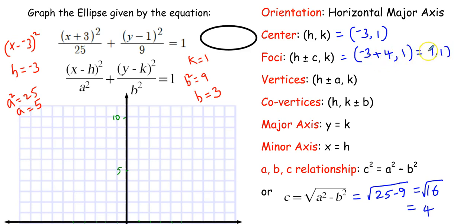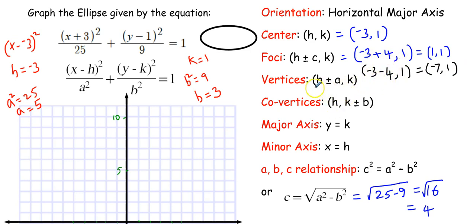So (1, 1) is one focus, and the other focus is, let me write here, negative 3 minus c I have to do. Add 4 one time, take away 4 the second time. So negative 3 minus 4 comma 1 gives me negative 7 and 1. That is the second focus.